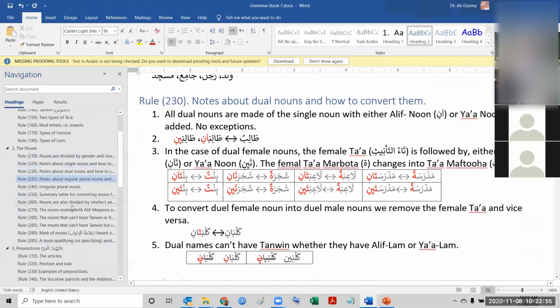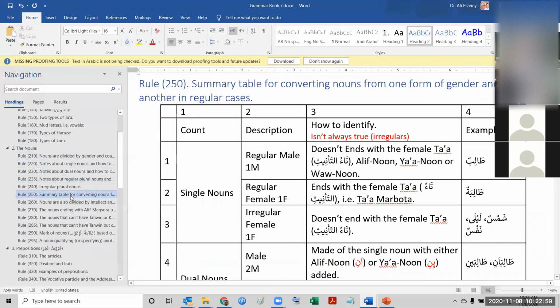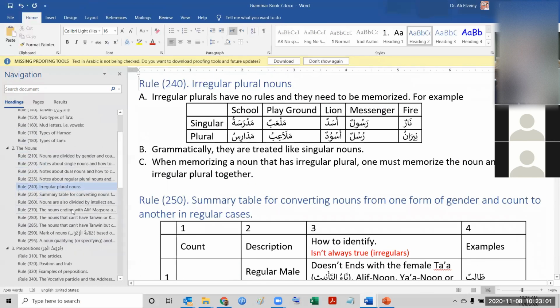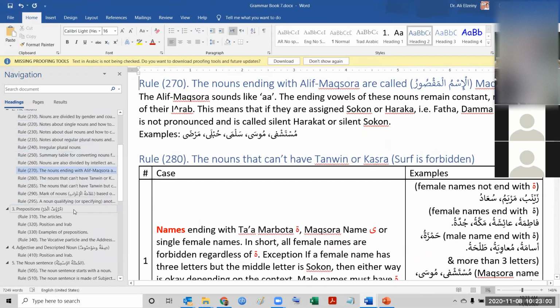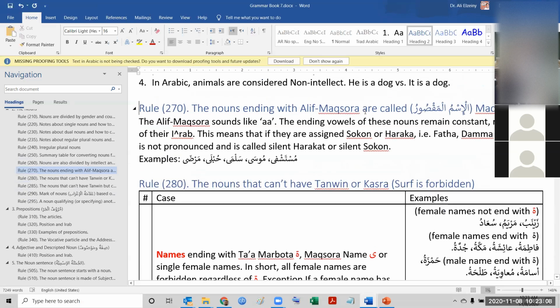You guys remember seeing it? Anyway, the nouns ending with alif maqsura are called al-ism al-maqsur, like mustashfa, Musa, Salma, Hubla, Marda. It doesn't matter whether it's Marfo3, Mansob, Majror, it's always the same. So that's a good thing.